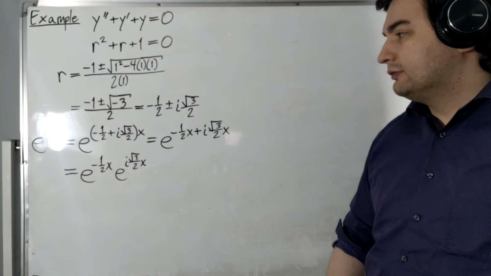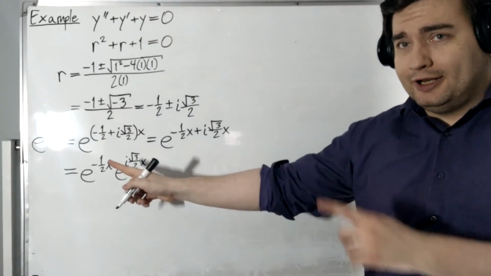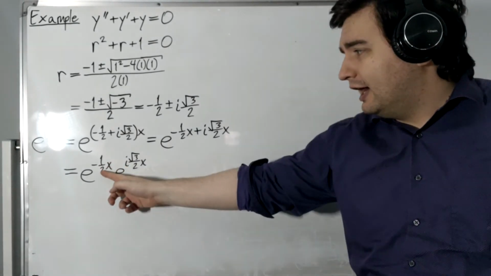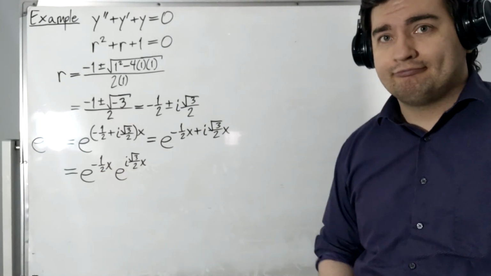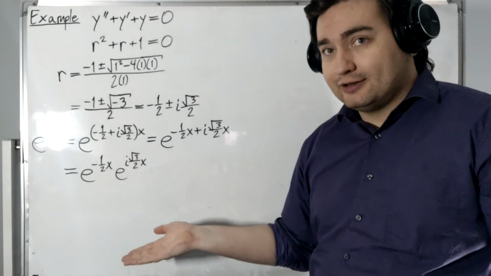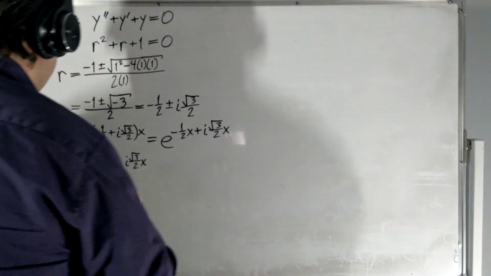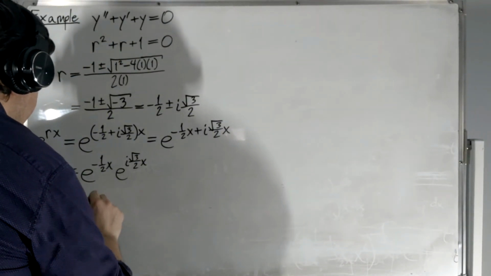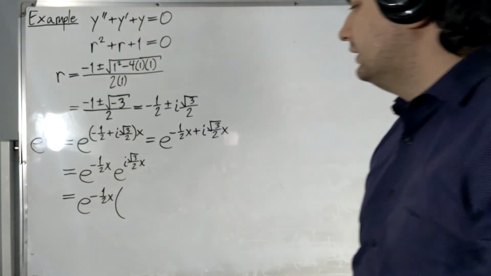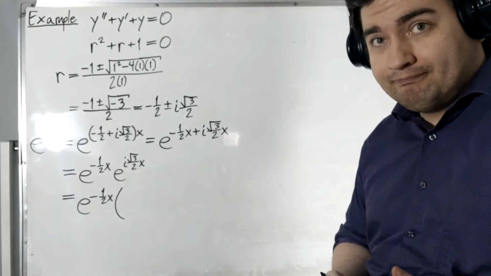All right. Now, Euler's formula applies to this factor. Not this one, because it has no i in its exponent. But that's fine. We can just leave it, because it's a real valued function, right? So that's not the problem. The problem is this thing. So we apply Euler's formula again. This turns into e to the negative 1/2 x times, okay, e to the i theta is cosine theta plus i sine theta.